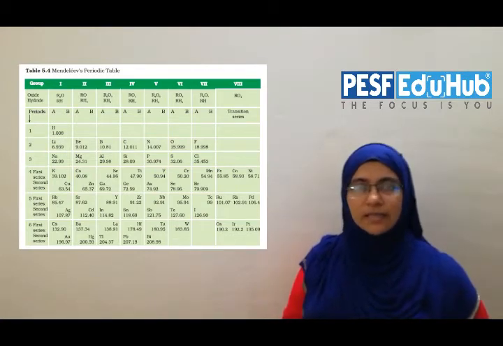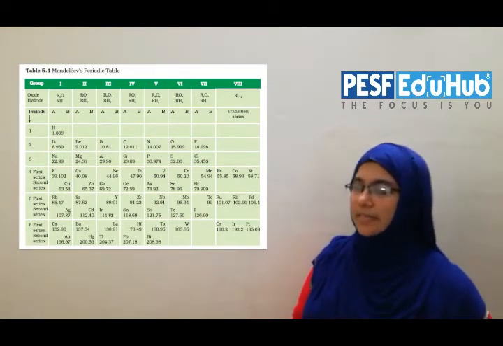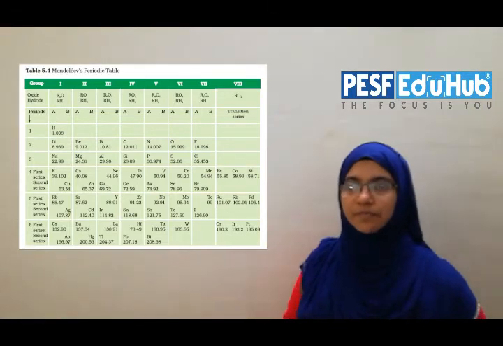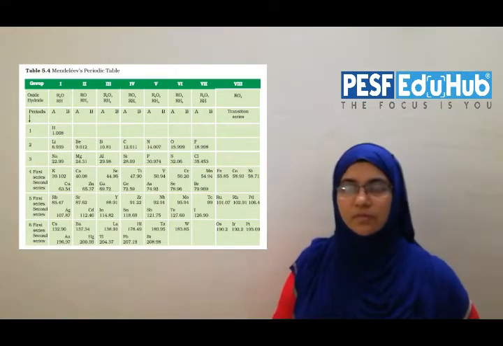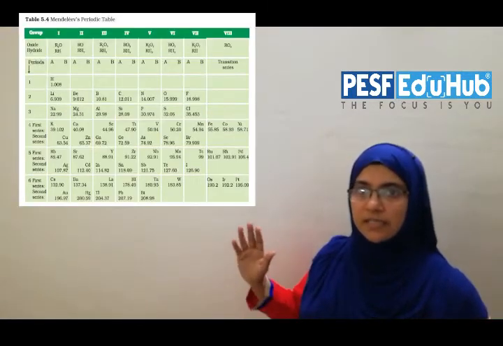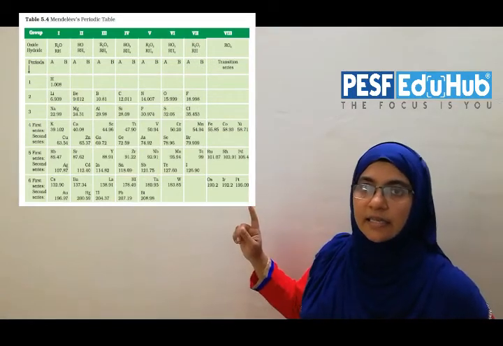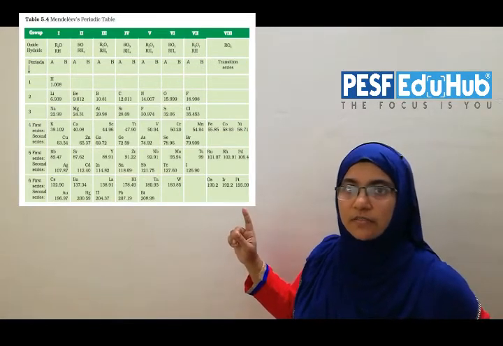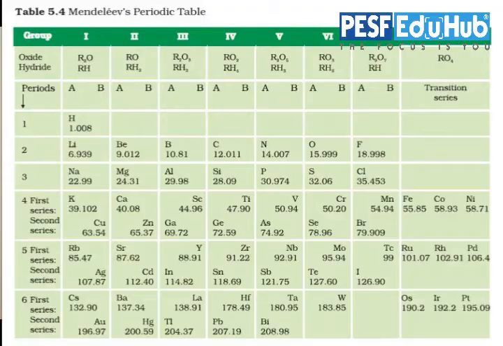Now, let us examine Mendeleev's periodic table. The figure is given here. Let us see what all features we can identify from this periodic table.